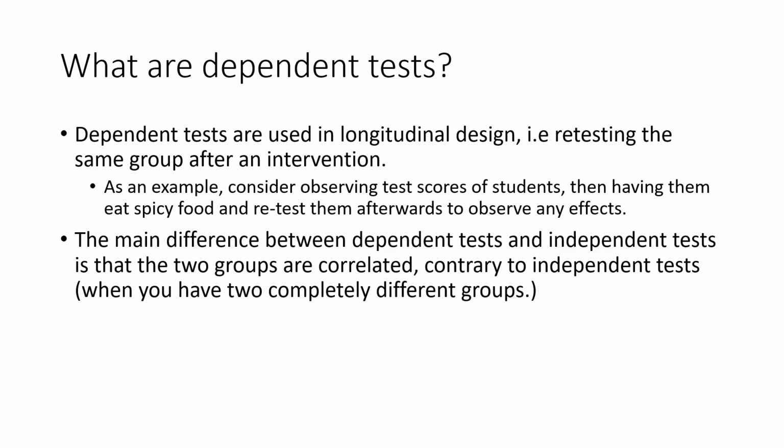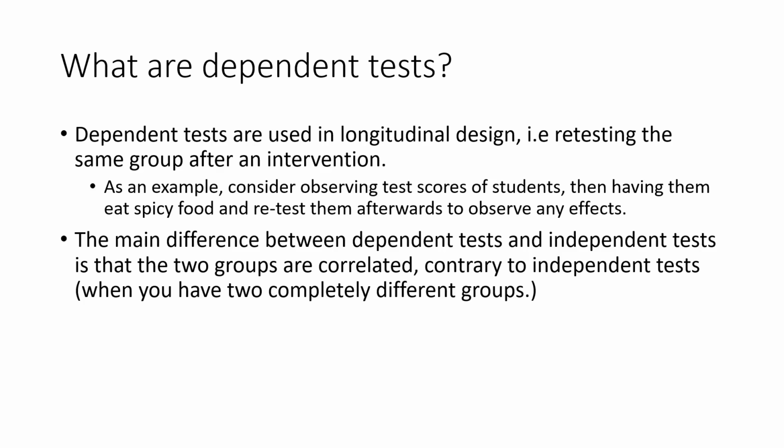When you have these dependent groups, they will be correlated because they are the exact same group, versus two completely separate groups, which, since they are independent, will not be correlated, or at least theoretically they won't be.